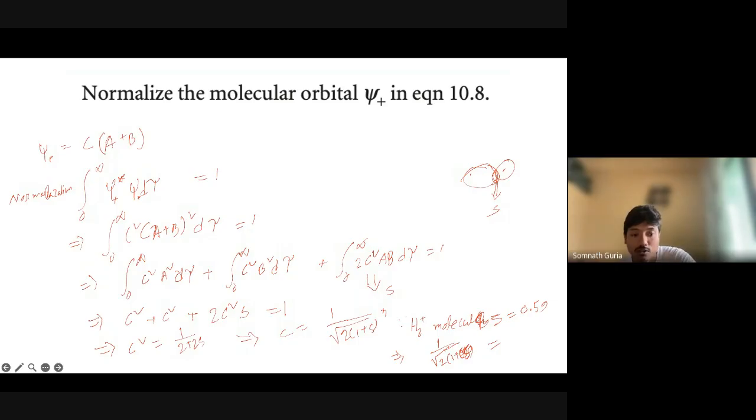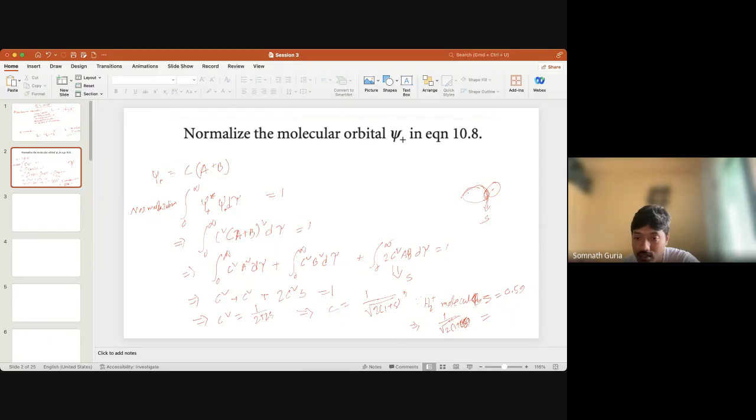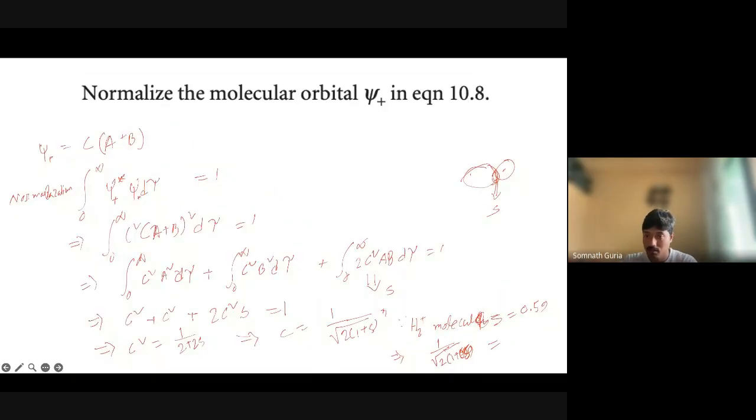Can we calculate it? Yes, we can. Let's use the calculator. It will give you 0.56. Zero point five six. Okay.